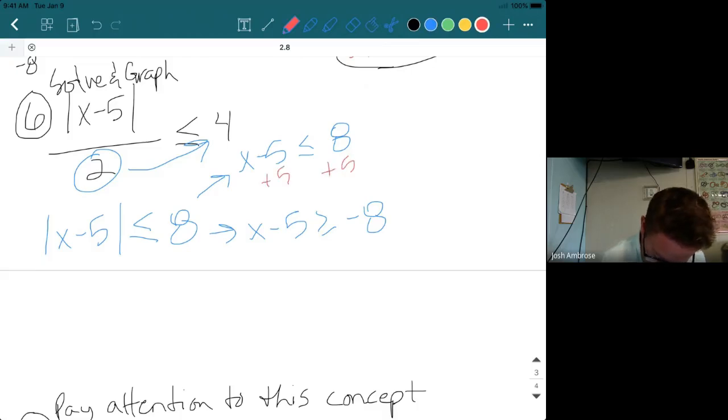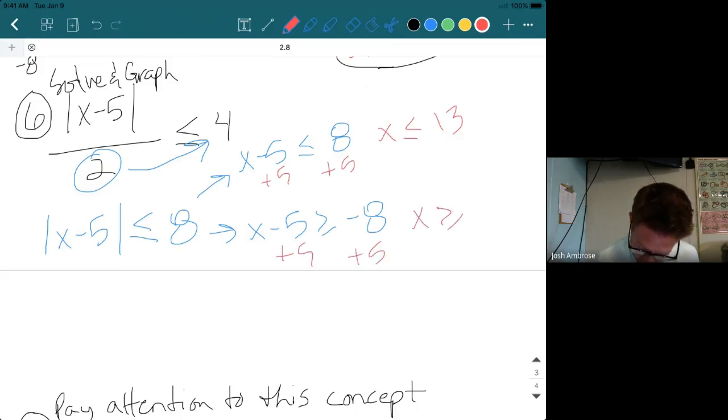X is less than or equal to 13. Add 5. X is greater than or equal to negative 3. Okay, so we have our solutions that we're solving for.